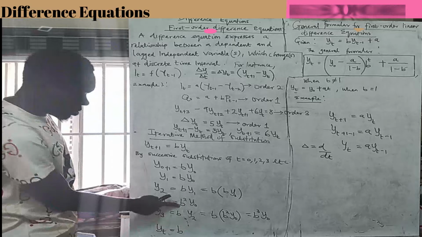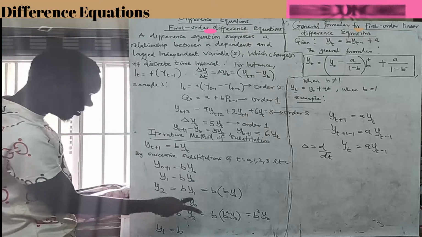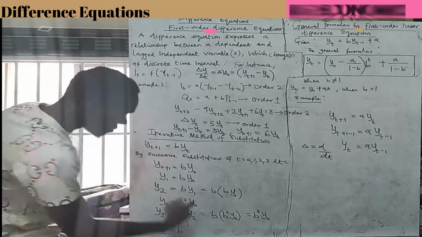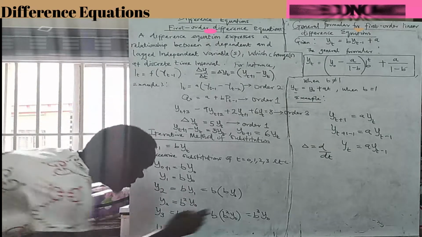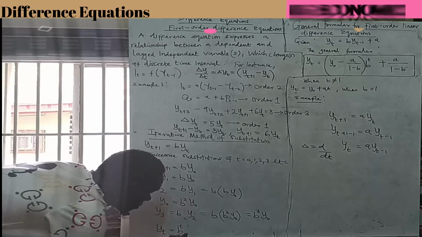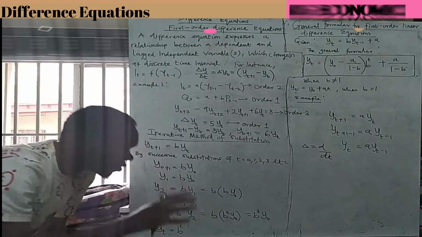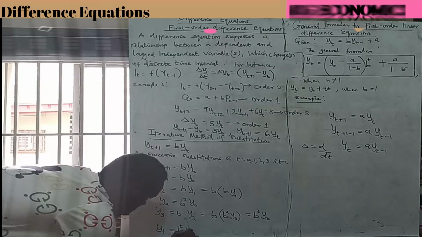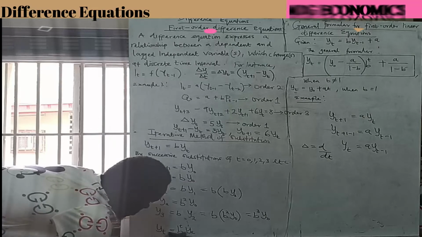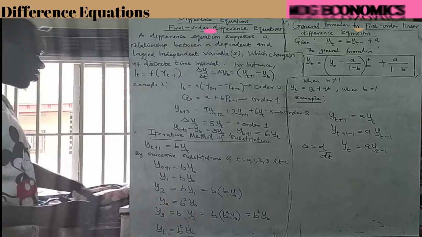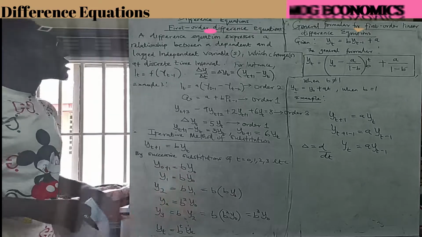Notice the power of b here keeps increasing, then to 3, 4, successively like that. So at period t, which is a period in the future that is unknown now, then this, and so the series continues in that pattern.